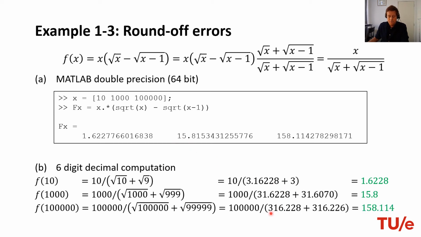And whereas in the previous case we made a big mistake when x was larger, here we avoid subtracting these two from each other, but we just add them. And we see that even though we have rounding errors over here, the final outcome, at least the first 6 significant digits, is simply equal to the full precision computation.